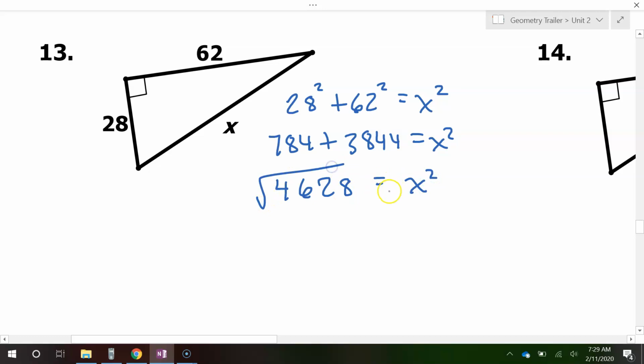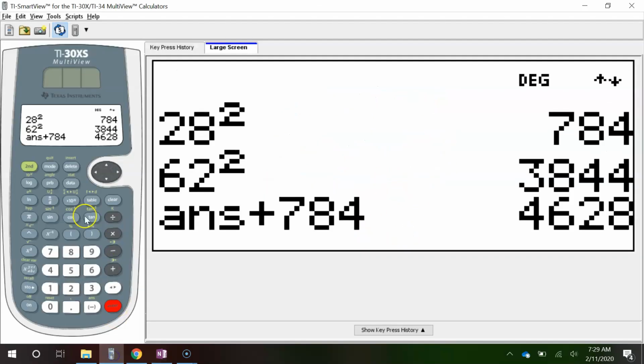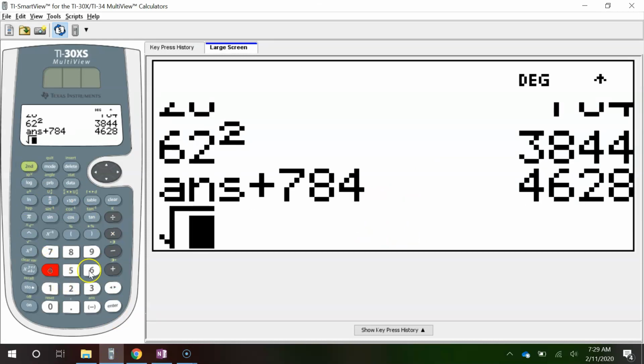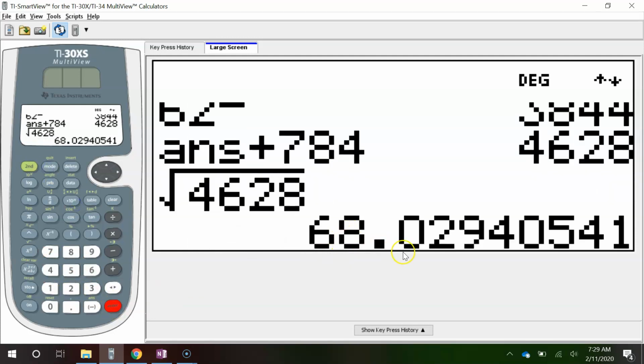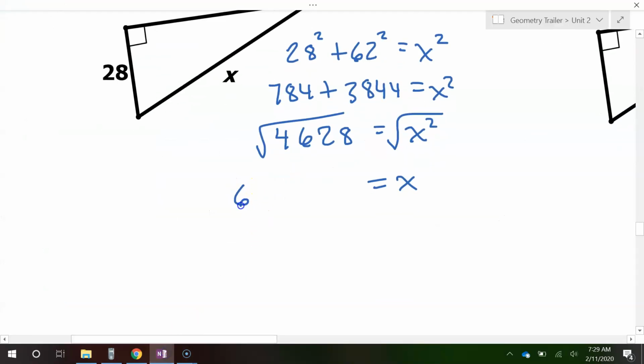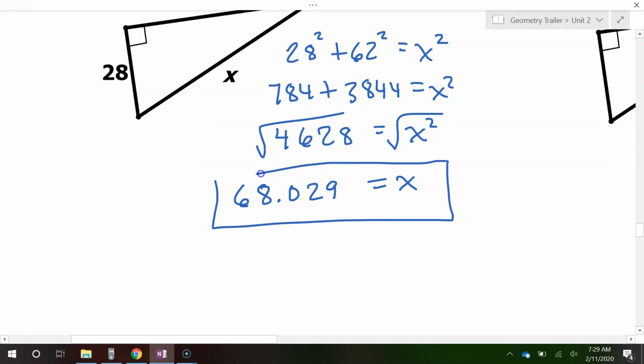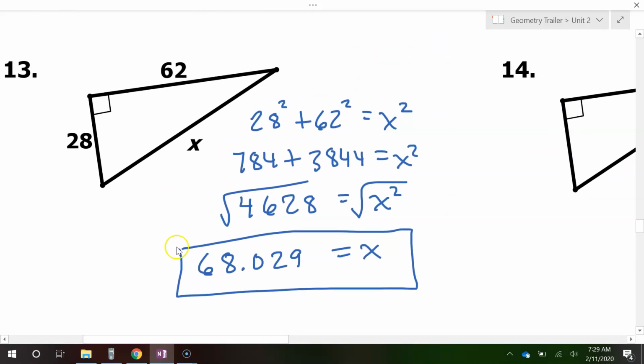And then you take the square root of both sides. 68.029. All right, and that was the answer to number 13.